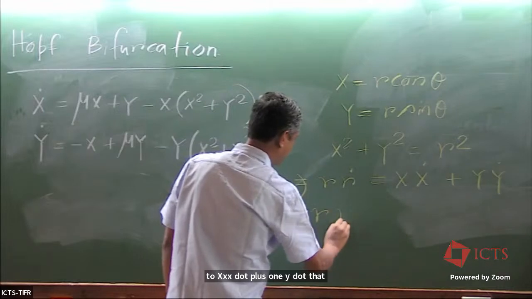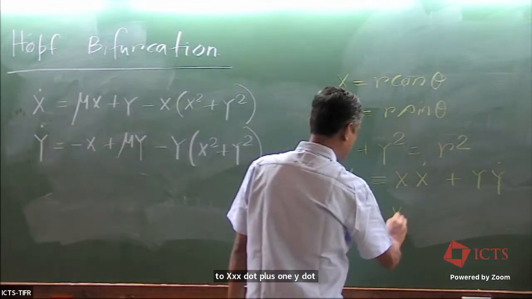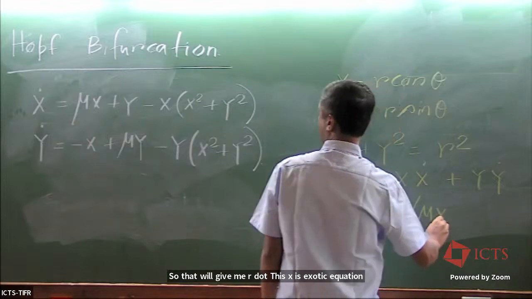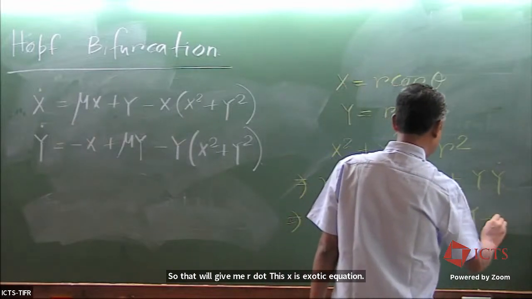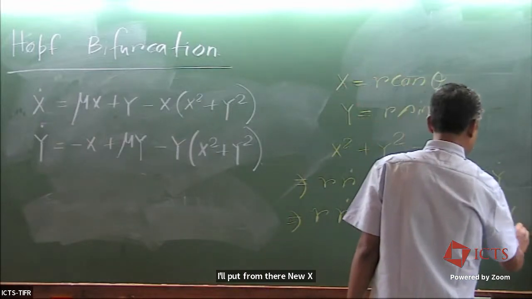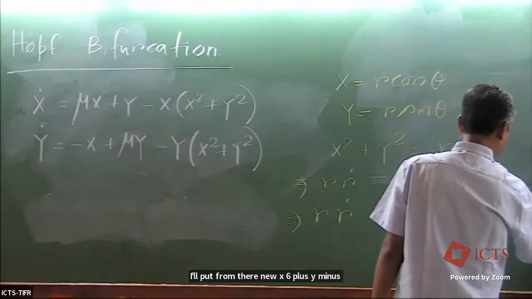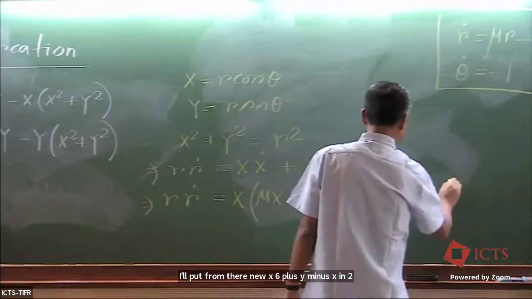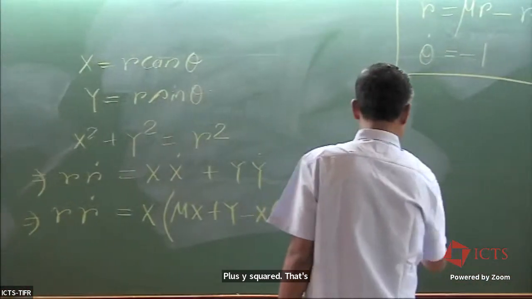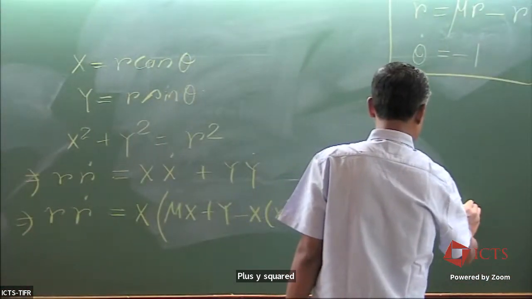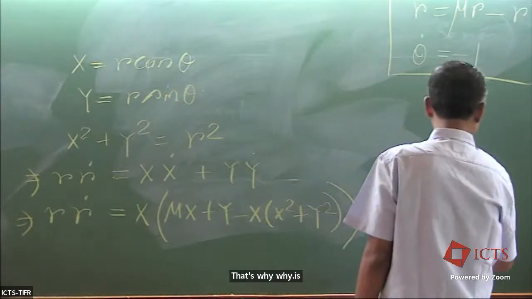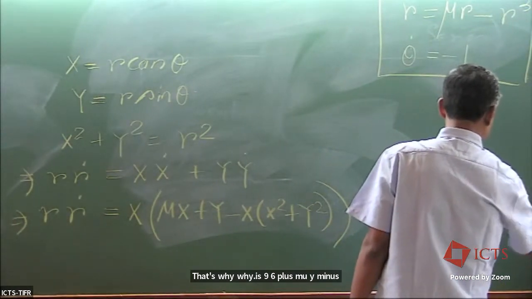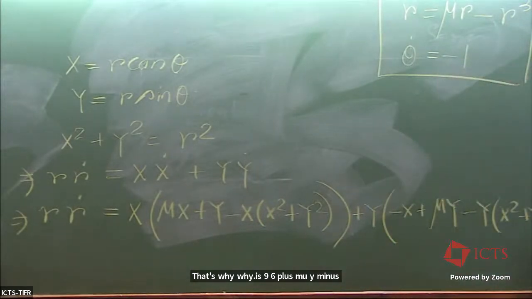So that will give me r r dot, this x dot equation I'll put from there, mu x plus y minus x into x square plus y square, plus y dot is minus x plus mu y minus y x square plus y square, right?